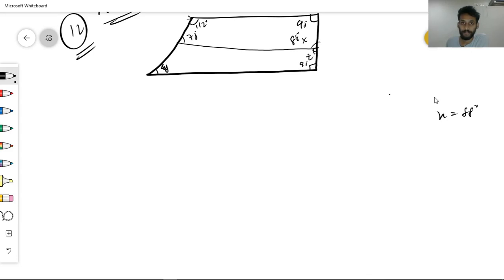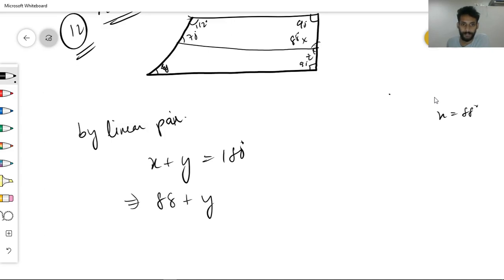Now if we see, this X and this Z are connected with one another. So by linear pair, X plus Z is equal to 180 degree. We know the value of X, so the value of Z will be 180 degree minus 88, that is 92 degree.